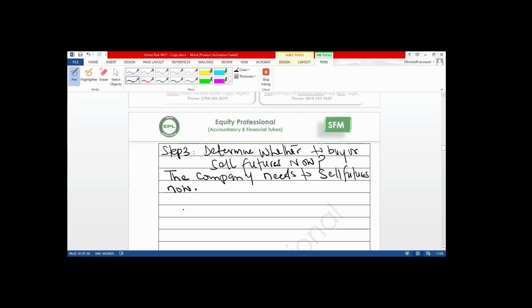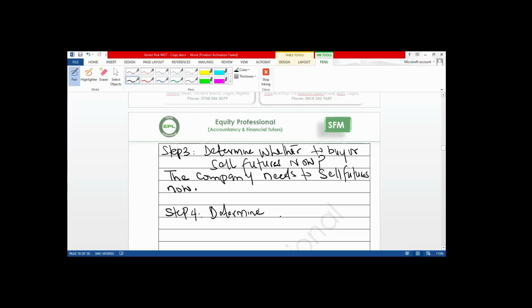At what price will the company sell futures? That will take you to step 4.